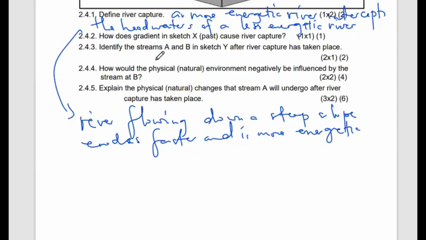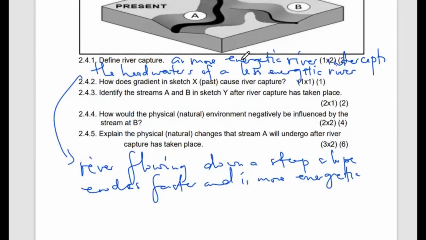Right, then the next question says, identify the streams A and B in the sketch after river capture has taken place. Right, these two streams after the river capture has happened, we have what we call the captor and the captured stream. So in this instance, our A is the captor, the one that intercepts, and the one which is intercepted is the captured.